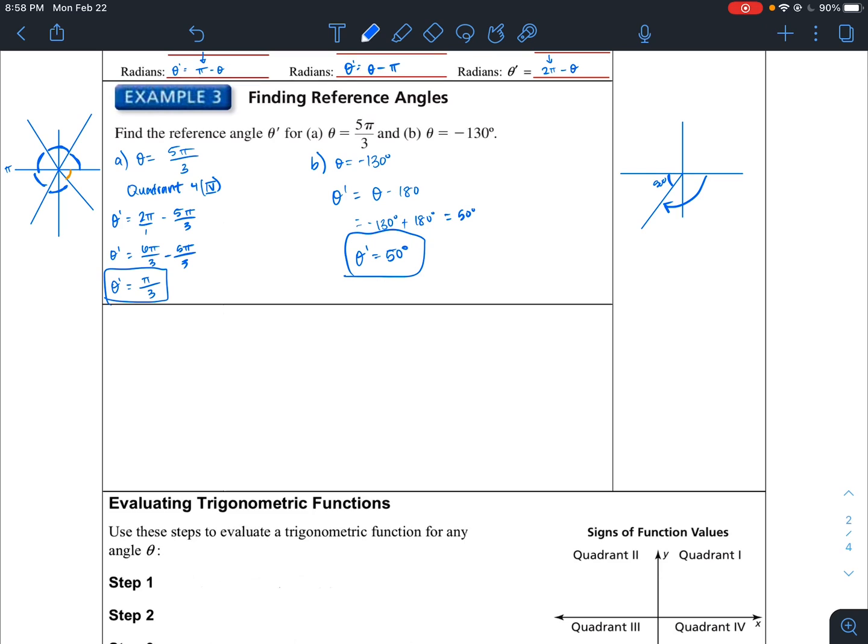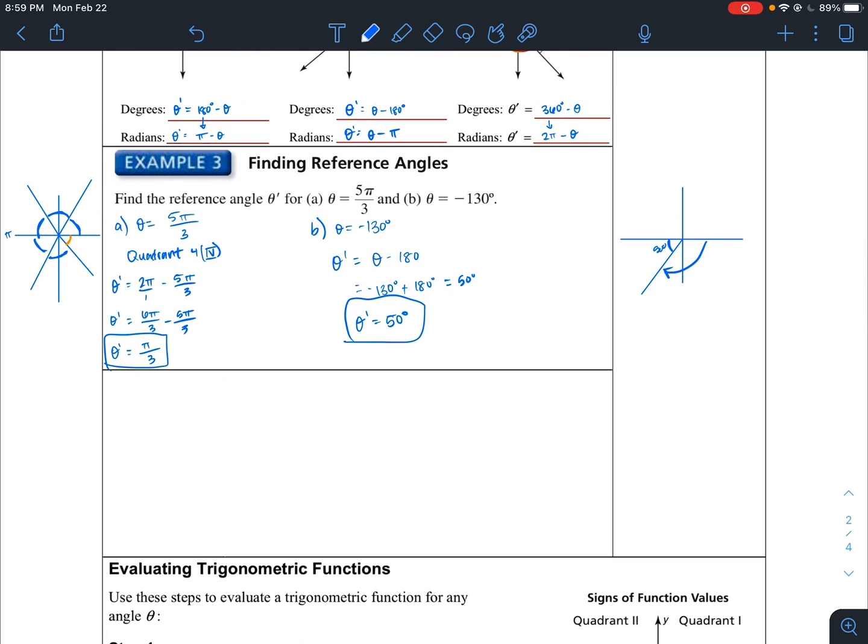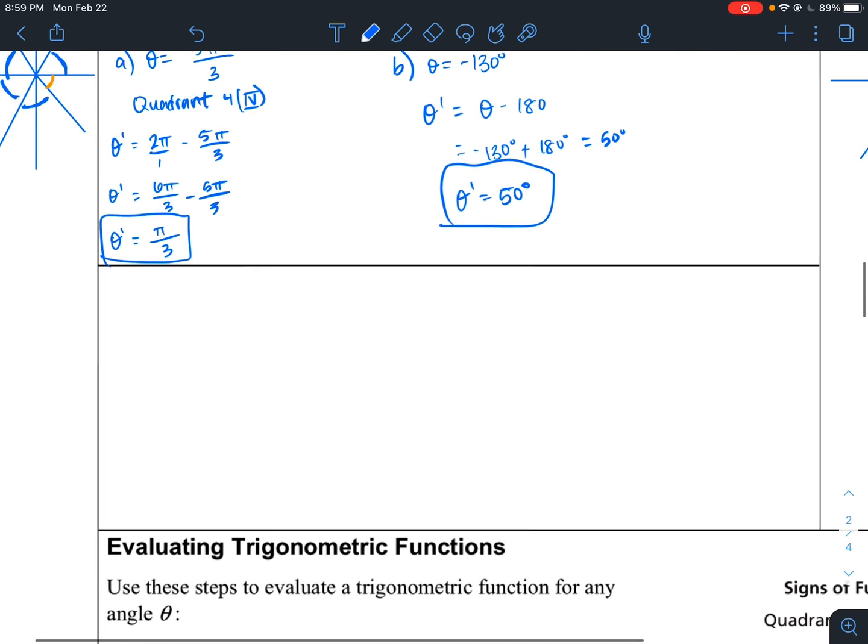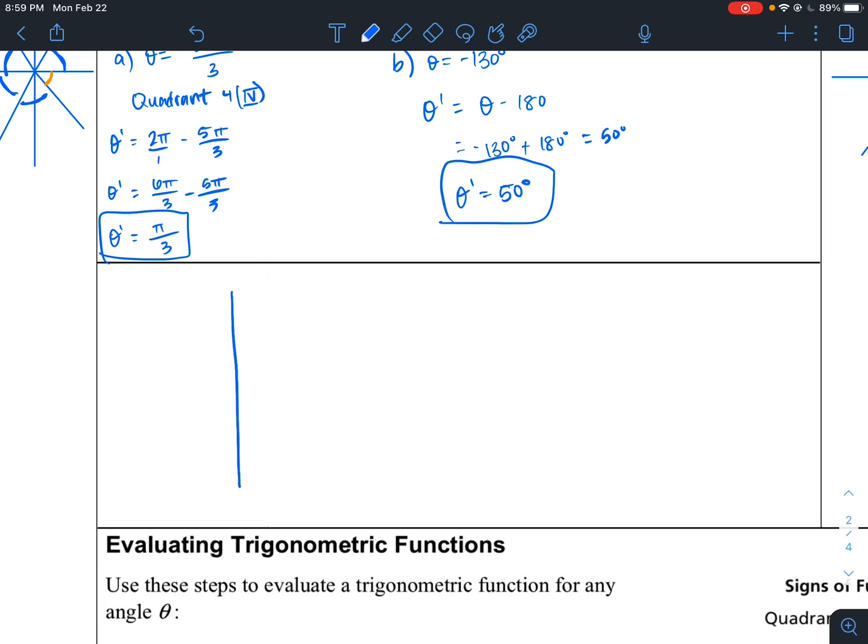Now, the reason why we have these reference angles is because reference angles allow us to evaluate trigonometric functions for any angle. Now, the sign of our value might change depending on the quadrant, but that's something that we can figure out separately. So my point being here, let's say I have two different angles.